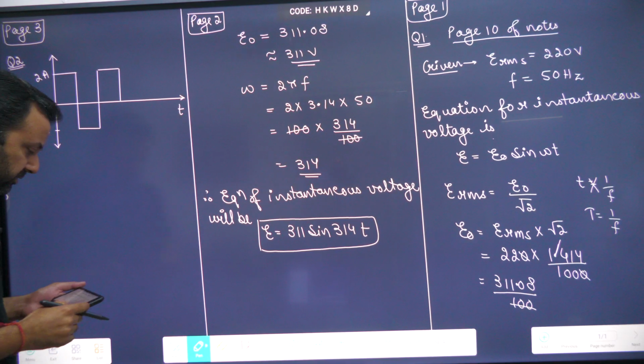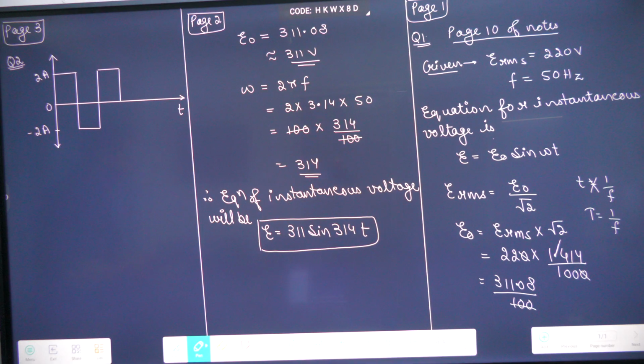So calculate the RMS value of the AC shown in figure.